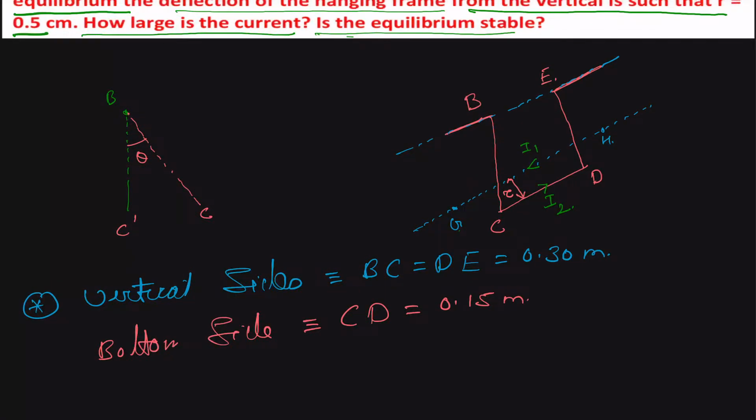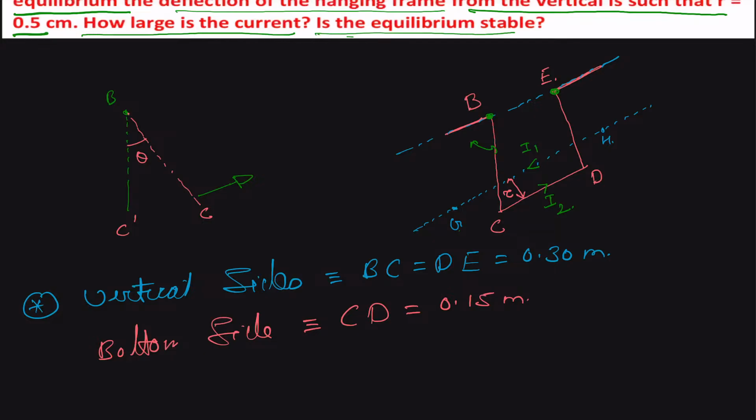And from this point B and E, this is like a hinge, so this CD can move back and forth. So it means our BC can move like this, and because of the repulsion, it will be moving only in one direction, that is away from the wire, because of the force of the repulsion.